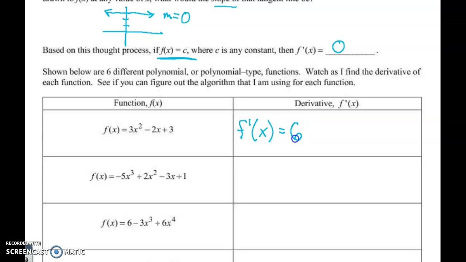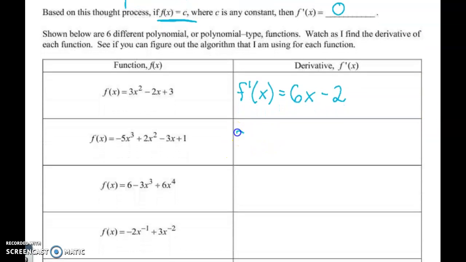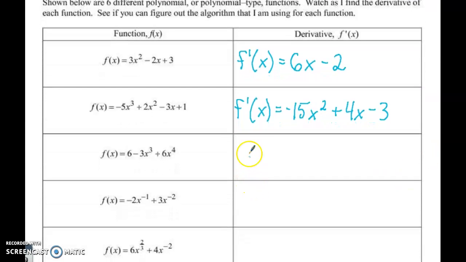What I'm going to do is just write it as 6x minus 2. As I look at the next one, the derivative is negative 15x squared plus 4x minus 3. As I move on to the next one, the derivative is negative 9x squared plus 24x cubed.